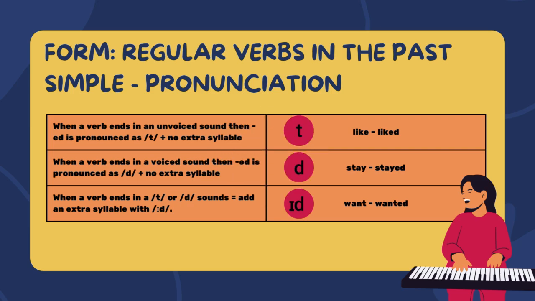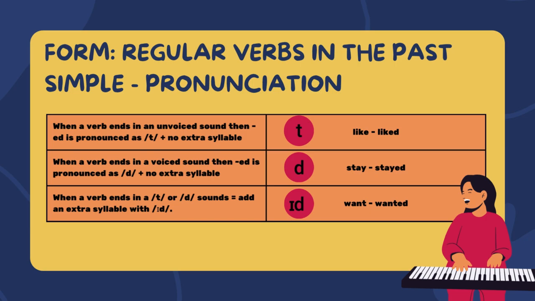And now, we're gonna learn about pronunciation. When a verb ends in an unvoiced sound, then ed is pronounced as t, with no extra syllable. Like is liked.